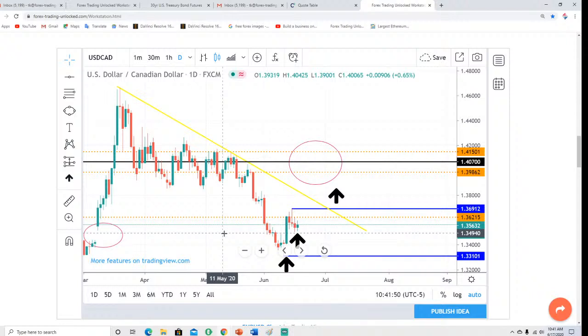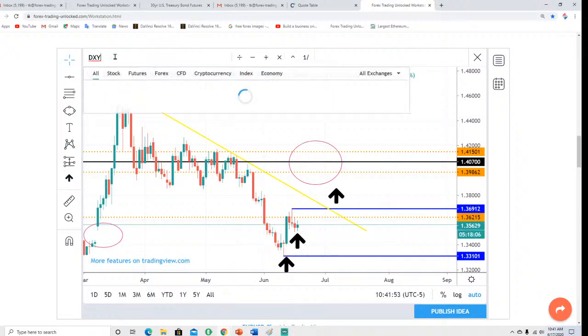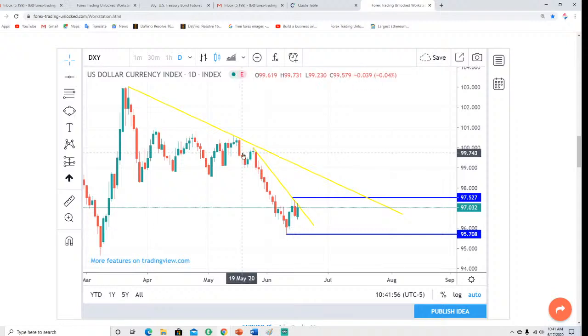So let's go back really quick to the dollar index to remind you that we had been trending lower since the middle of May into the middle of June, basically. Now we had this little setup here. We made a lower move high, and now we're hopefully seeing that we maybe have made a higher move low.